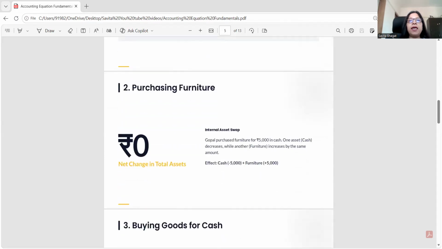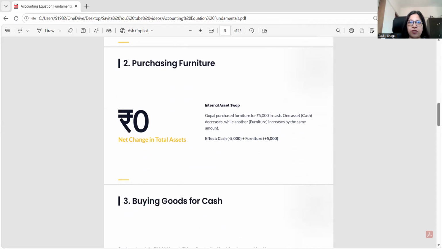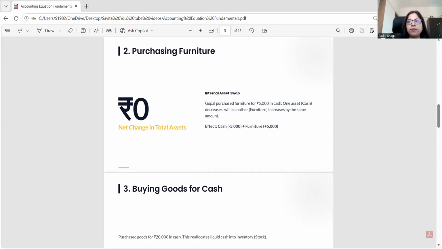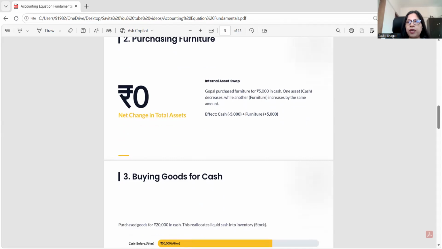Now, let's say in the second business transaction, he has bought furniture worth 5,000 in cash. The effect of this is that it will increase one asset, furniture, and decrease another asset, cash, because he has bought furniture on a cash basis. So the net change on total assets would remain zero.